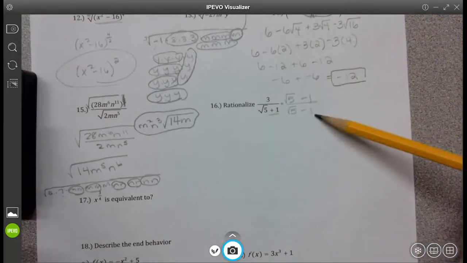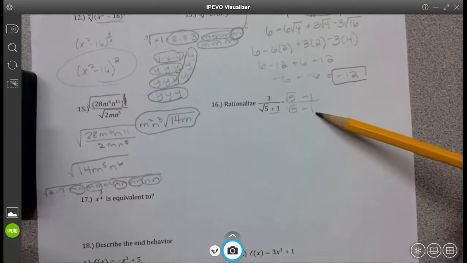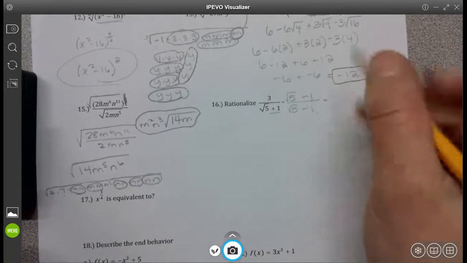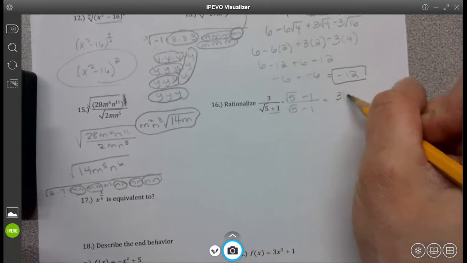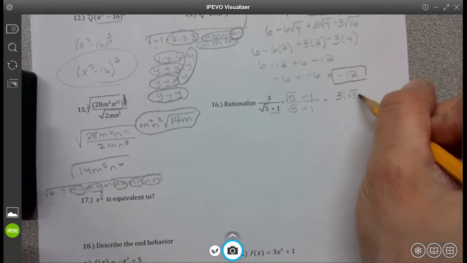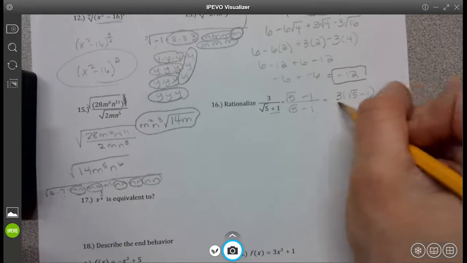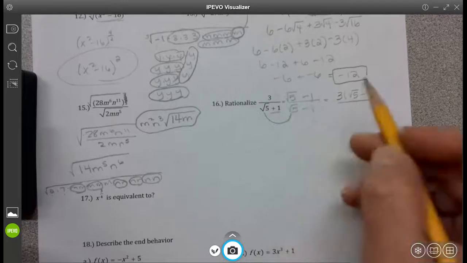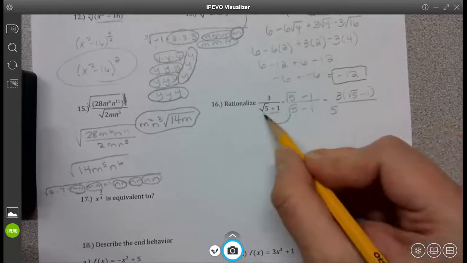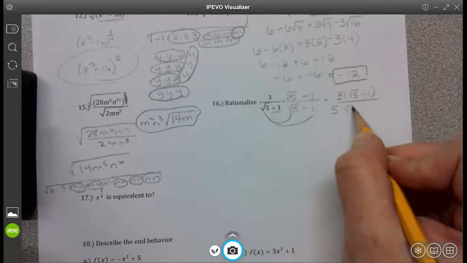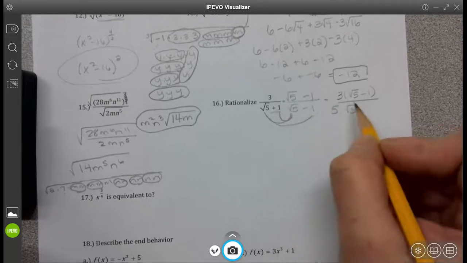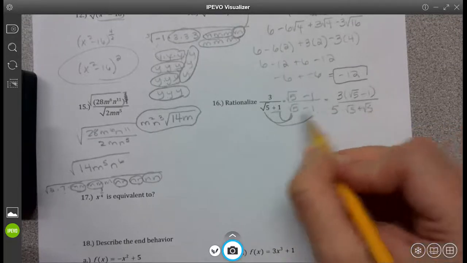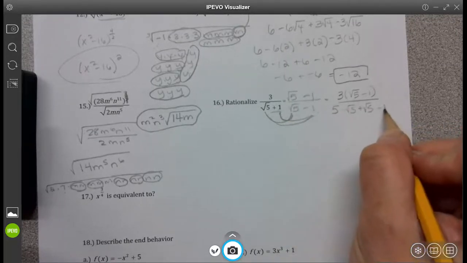Anything divided by itself is 1. So we're not really changing it. We're just giving it a makeover. Okay. So it's 3 times the quantity, root 5 minus 1. And if you FOIL the bottom, you should get 5 minus root 5 plus root 5 minus 1.